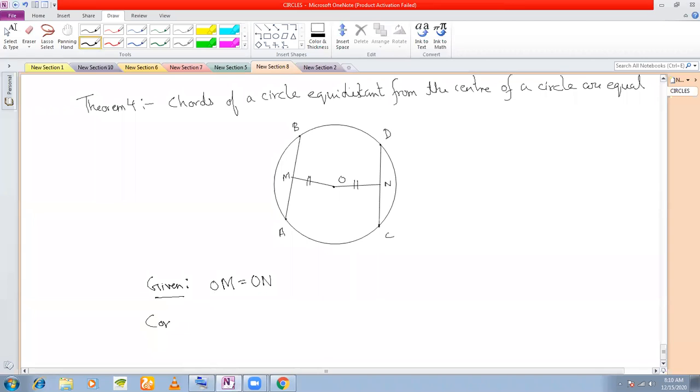And our conclusion here, just the converse of the last theorem, is that the chords must be equal. Chord AB must be equal to chord CD. Okay, just the converse of the last theorem.